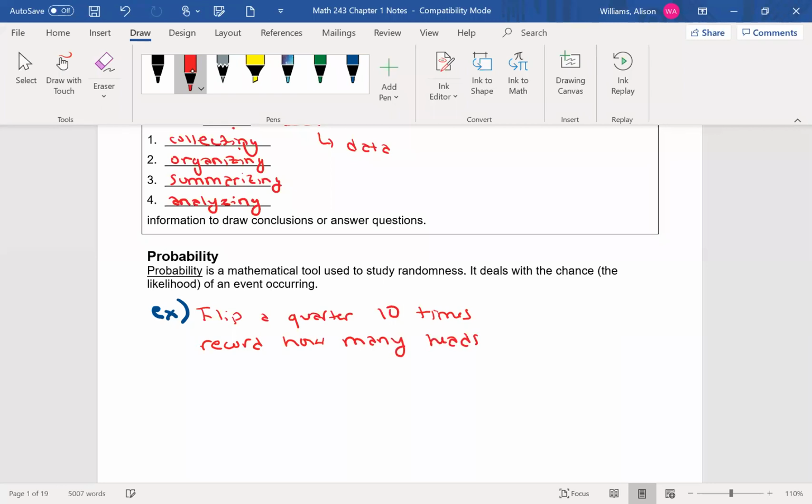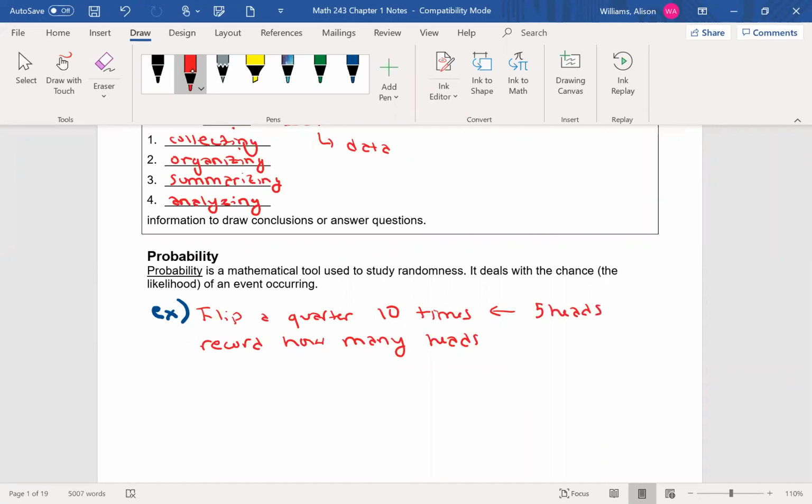And I've been doing this for a long time. I've seen most times anywhere from 1 to 2 heads at the lowest, and I think the highest I've ever seen is 9 heads. What I have never seen is 0 heads or 10 heads.